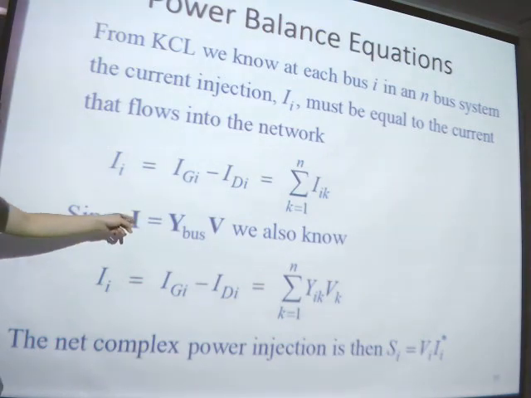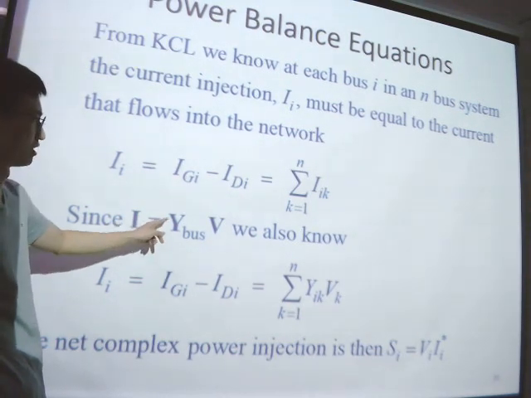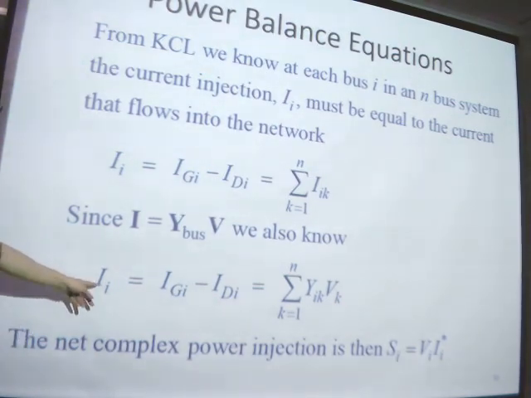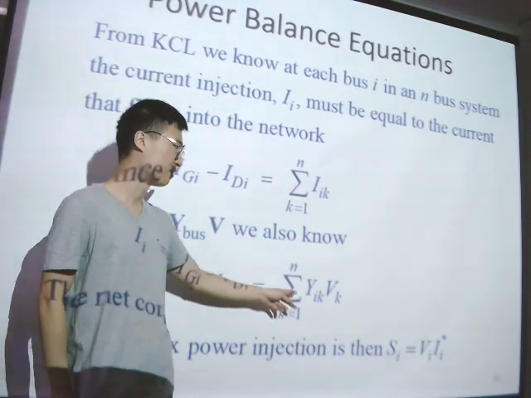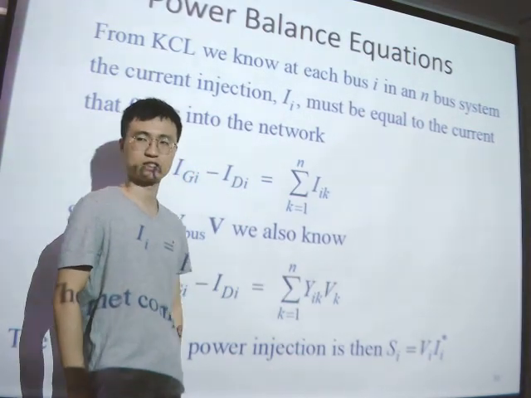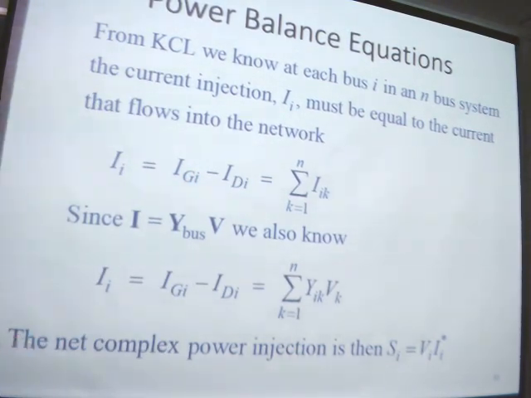And since we can use this, the current is equal to Y times V, right? The current equals the sum of the multiplication of the admittance and the voltage, right? And then we can get the net complex power, okay?